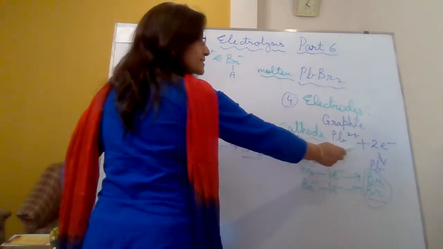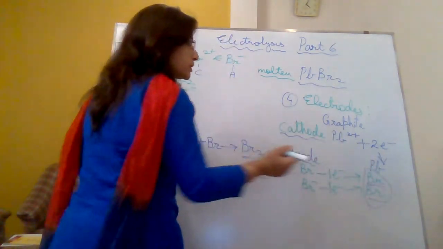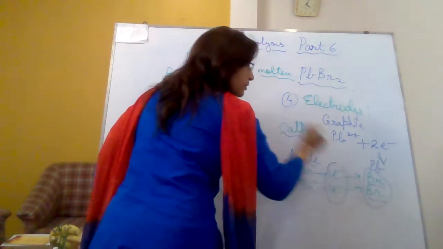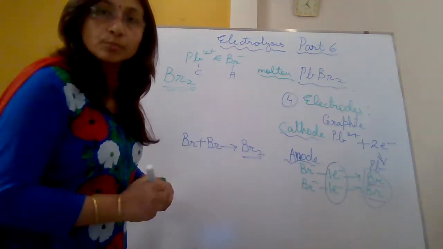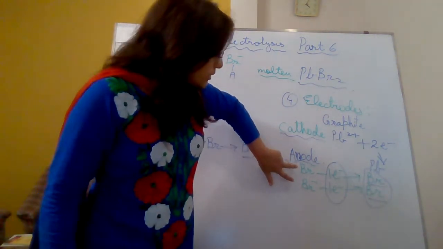So the lead is gaining these 2 electrons which were lost by the bromide ions.